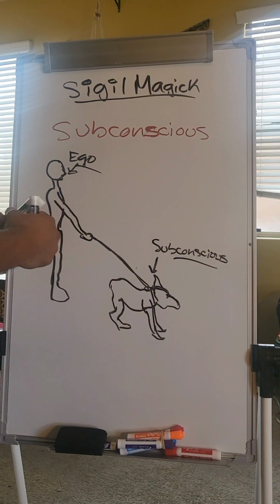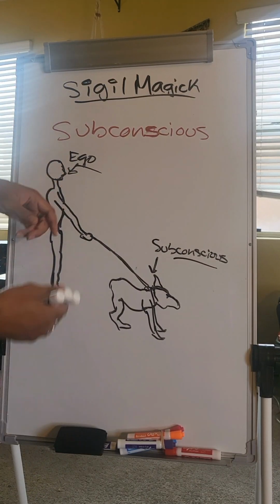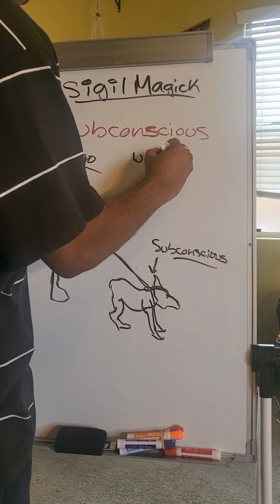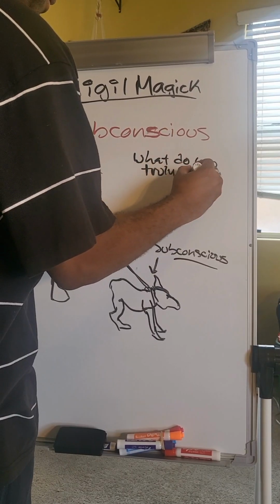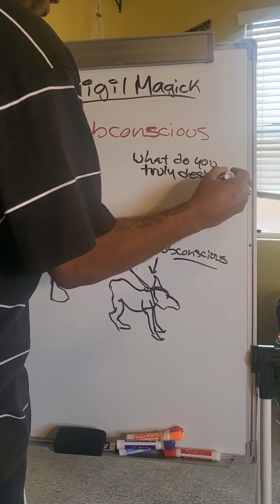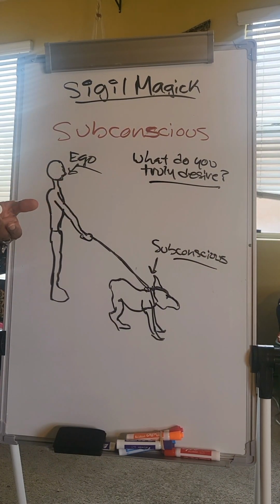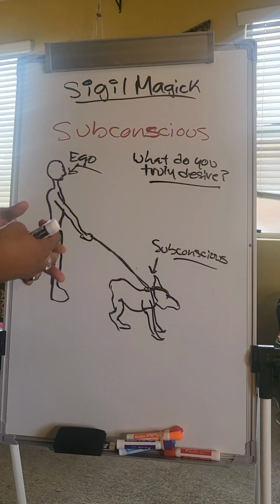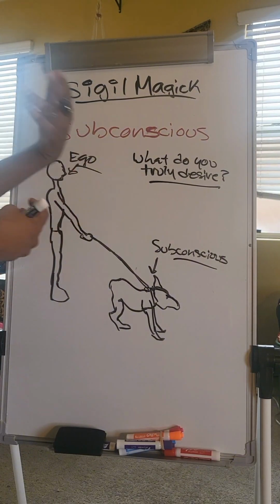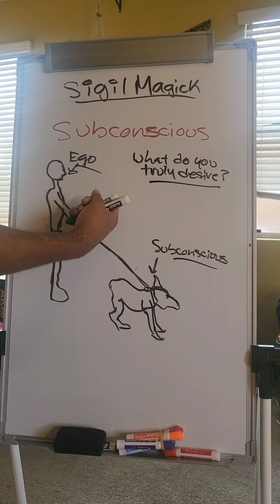So why this is important, getting to understand your shadow self in your subconscious, is that you have to understand what you truly desire. If you desire to be a millionaire, but you don't take any business classes, and within your subconscious you really don't value money on the level of other people who want to obtain millionaire status, most likely you won't manifest it.